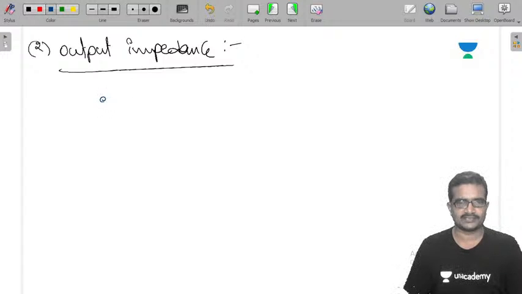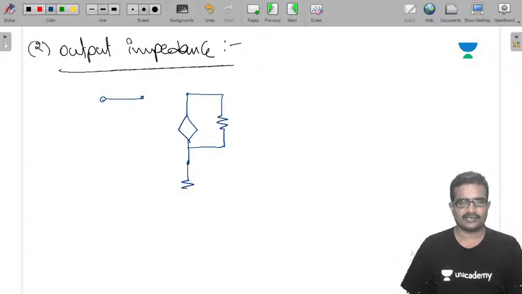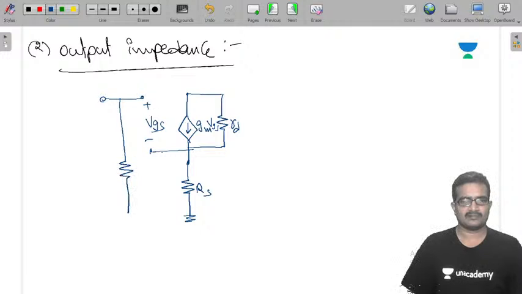So gate, here we have RS, small rd, gm VGS, RG.